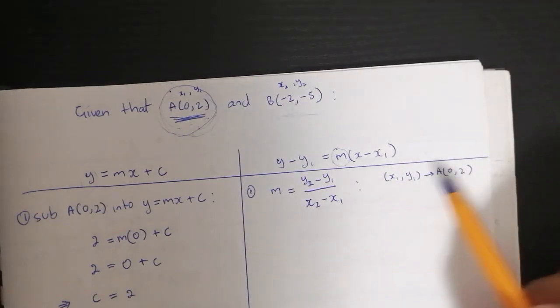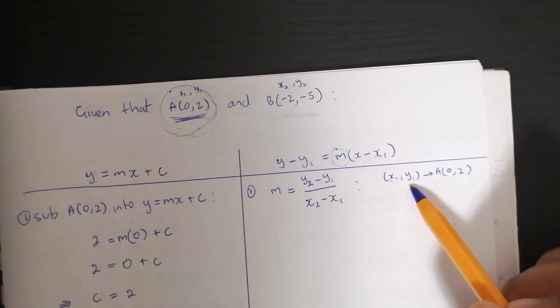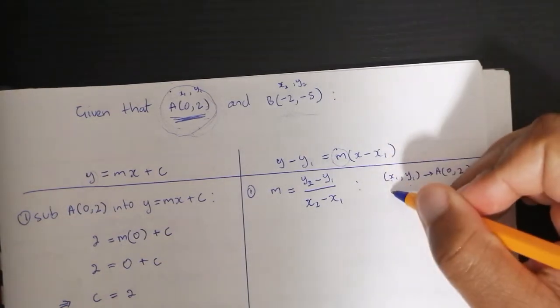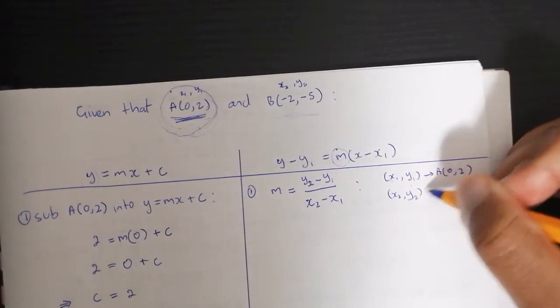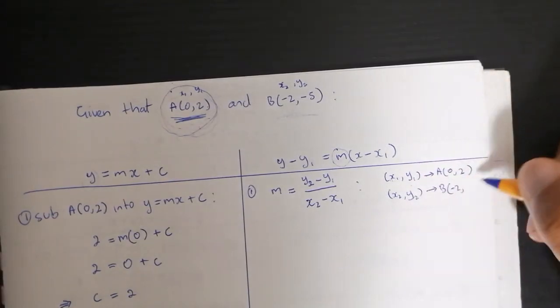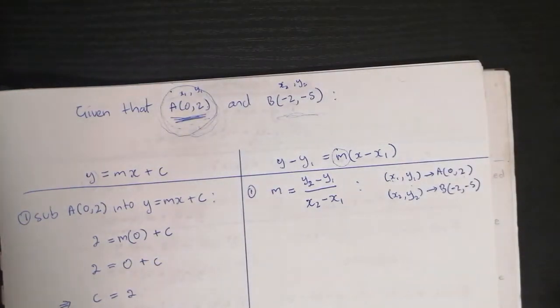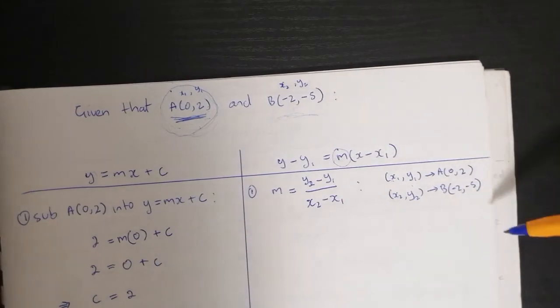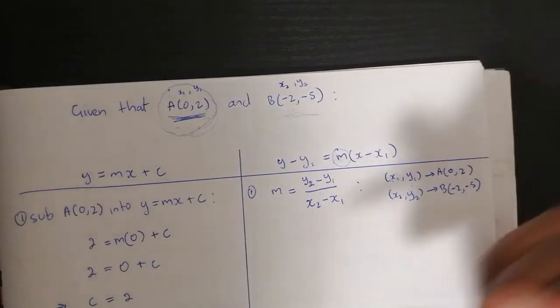So what this just means, as a side note, x1 is 0, y1 is 2, and then x2, y2, also as a side note, is minus 2, minus 5. Okay, once you have this mapping in your mind, you have to be consistent in how you use these.